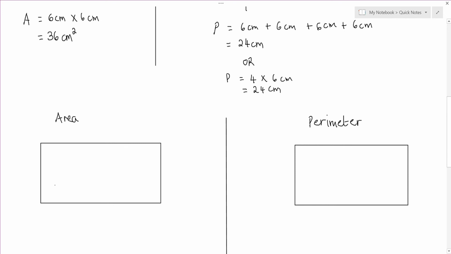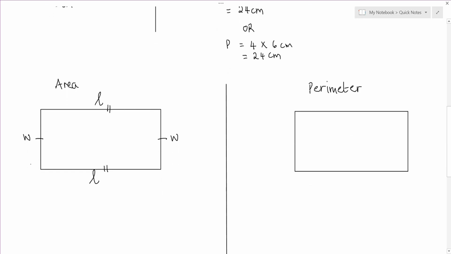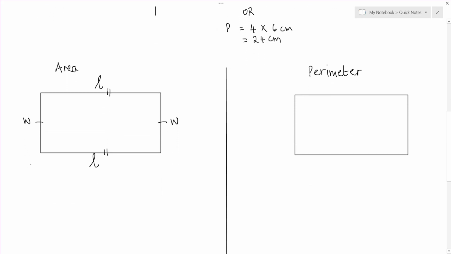On the left hand side, I'm going to say that this is a length L, and the opposite sides are equal, so L. Just remember that opposite sides are equal, and this side would be equal to that side. So let's call this width and width. Here you could either have length times breadth or length times width. It's exactly the same thing.